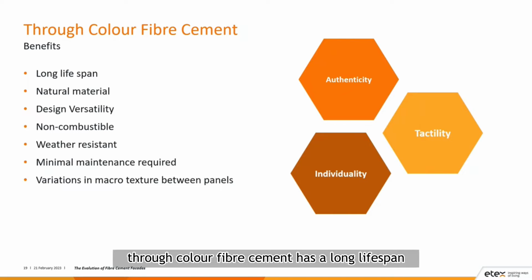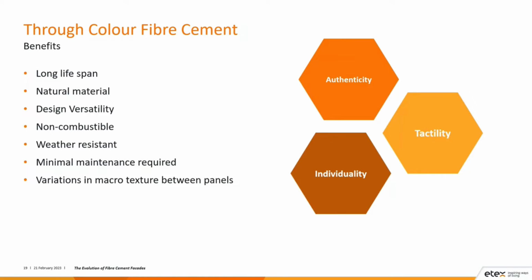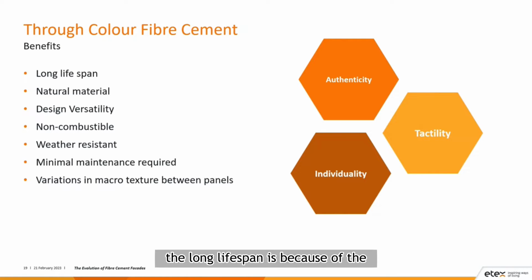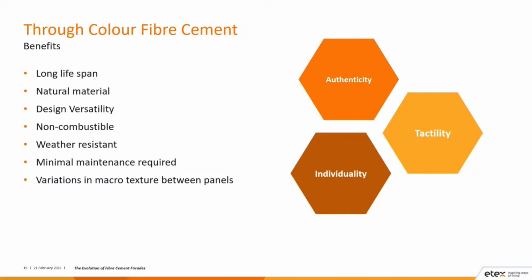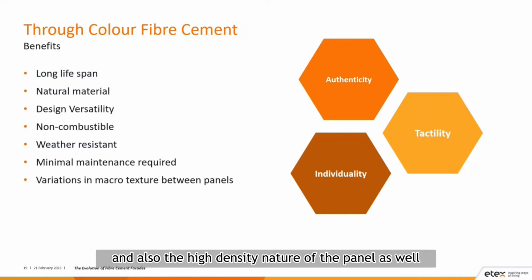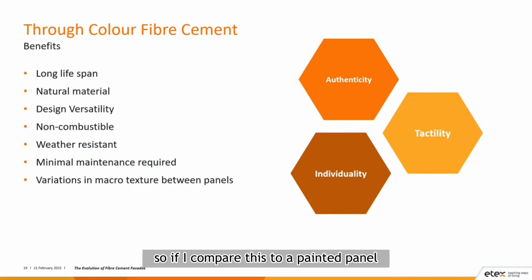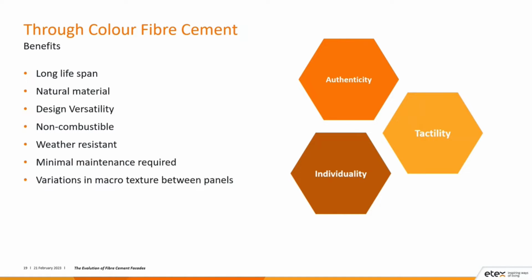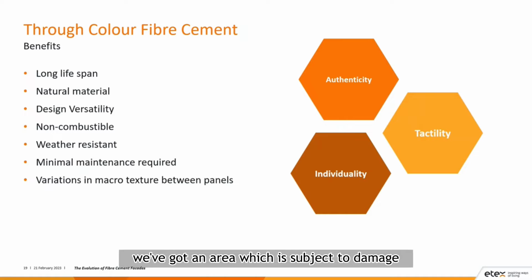But also the through color fibre cement has a long lifespan, and the long lifespan is because of the through color nature of the panel, and also the high density nature of the panel as well. If I compare this to a painted panel, and we say, for example, we've got an area which is subject to future damage, what will happen is if you damage a painted panel, water can get in behind the paint, start tracking around the panel, and eventually break that panel down over time.